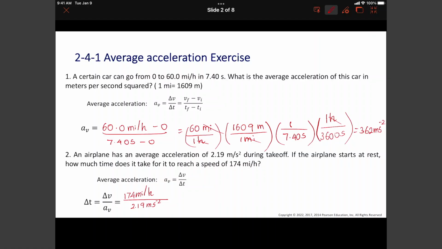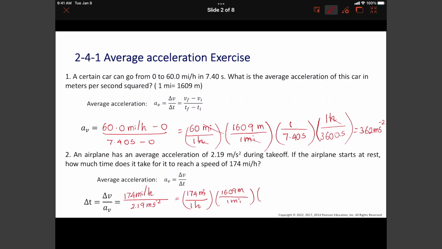Now we have to calculate the time, but for delta v the time is in hours, and for acceleration the time is in seconds. So we have to convert into one unit. Let's convert into the standard unit of seconds. This is 174 miles per hour. Let's convert it into meters first: 1609 meters is equal to 1 mile.